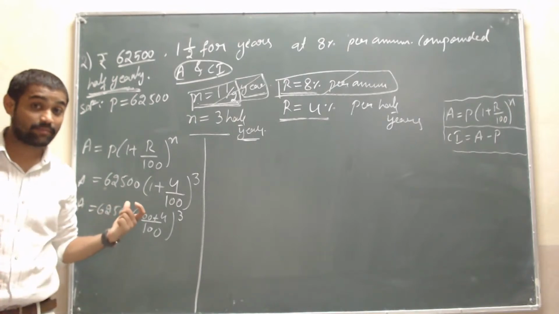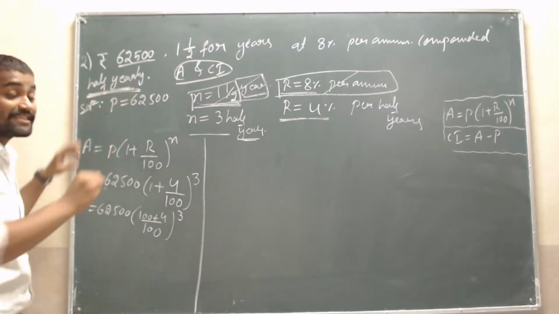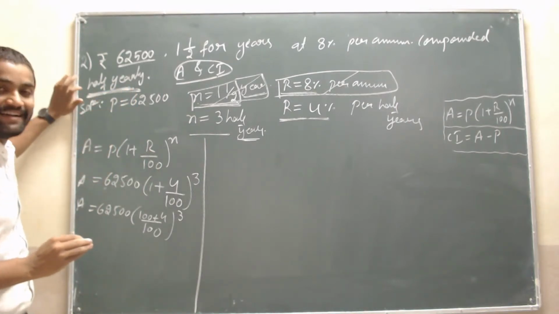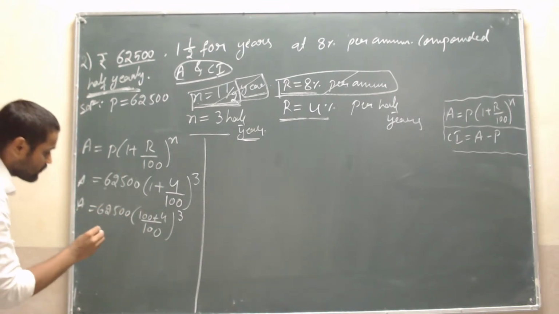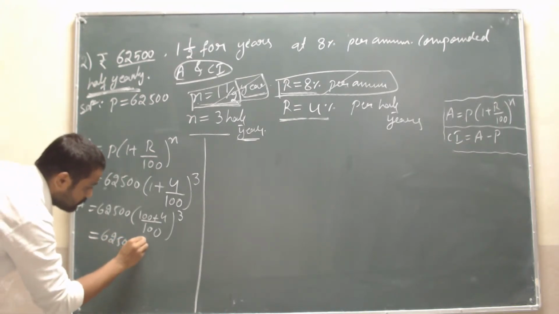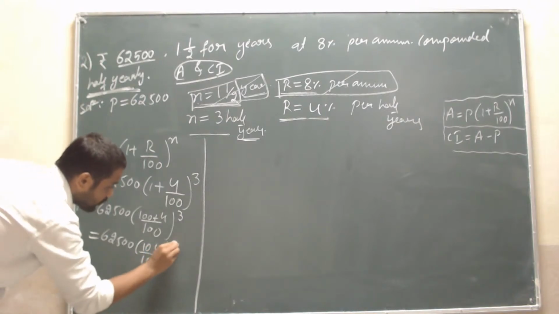This is a different type. We should not calculate both the same way, because in the previous problem he had given annually. Here he has given half yearly. That's why it becomes 62,500 into 104 divided by 100 whole to the power of 3.